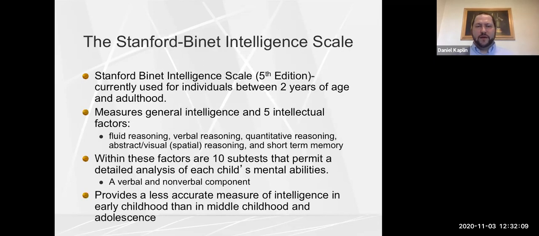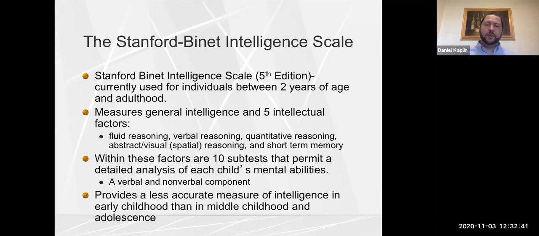So the first of which I mentioned was the Stanford Binet intelligence test. This intelligence test has 5 sub-factors or 5 factors, 10 sub-tests. And you can use this test for individuals the age of 2 all the way through adulthood. And this was the first IQ test, and it was the gold standard in IQ testing until the Wechsler test surpassed it.